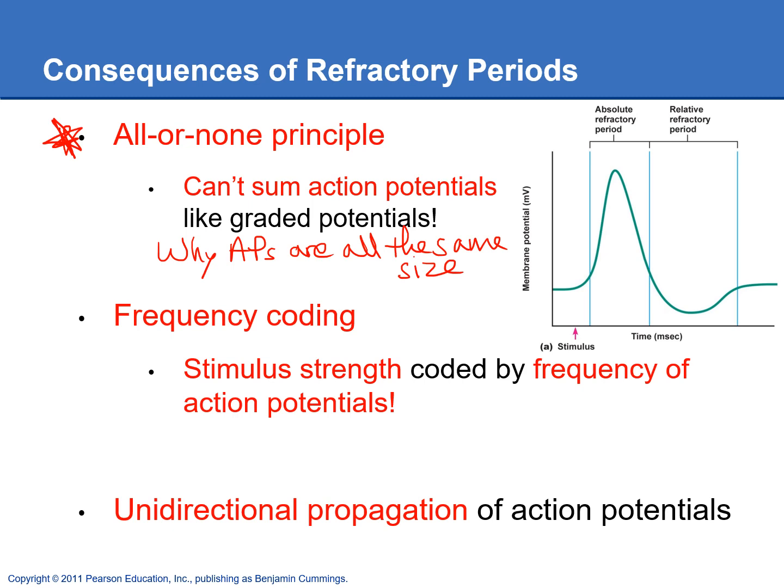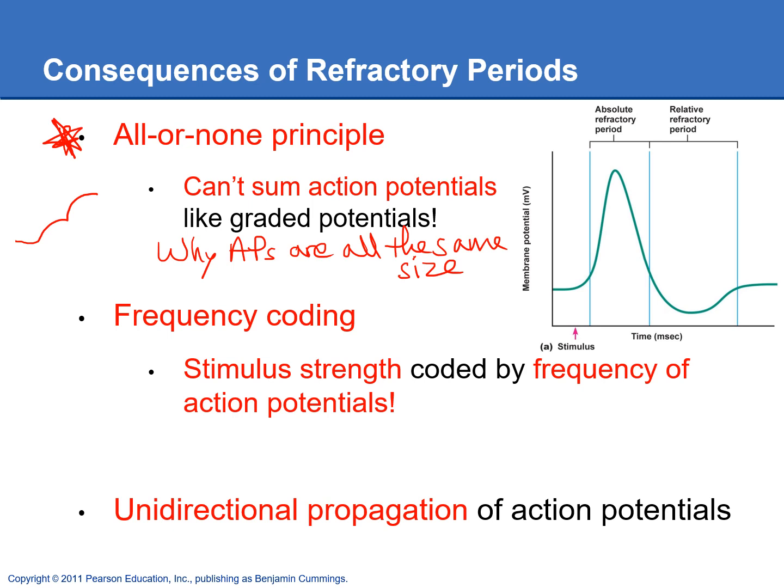Because of these refractory periods, you can't add them together. Remember the graded potentials, we could add them together. We had temporal and spatial summation, so we could get up to threshold with the graded potentials.